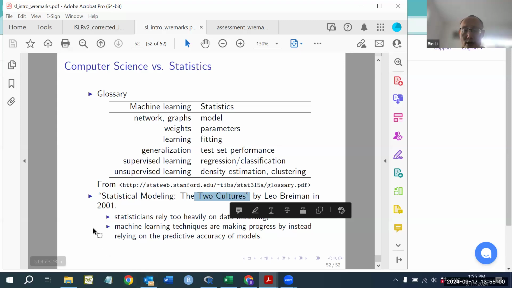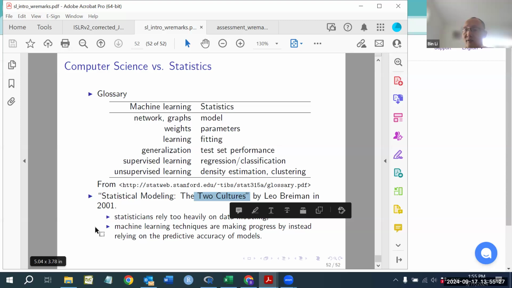The other culture is the algorithmic culture from computer science, using things like artificial neural networks, trees, and deep learning. So this paper discusses the pros and cons of these two cultures and what the main differences are.